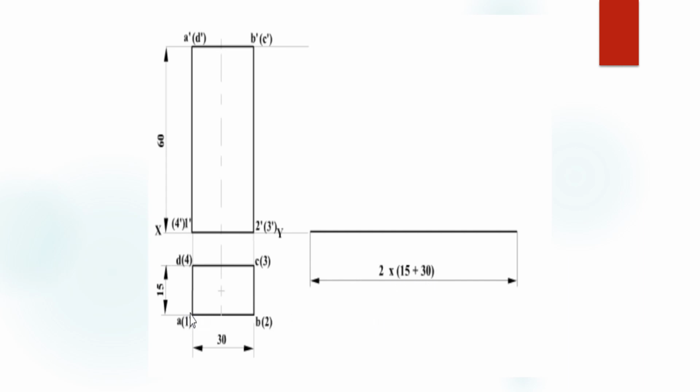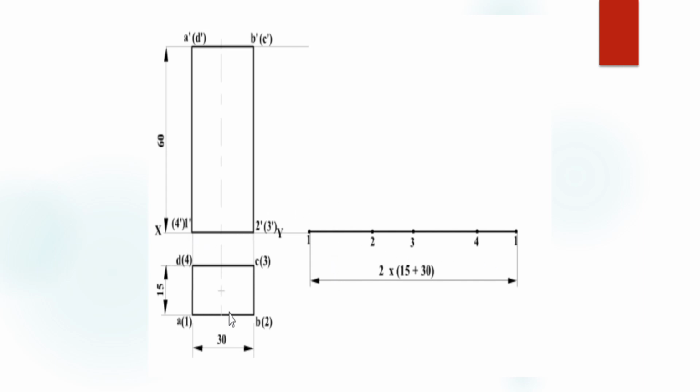So here starting from A to B 30, B to C 15, and again C to D 30 and again D to A 15. So that's why 2 times 15 repeated and 2 times 30 repeated. So altogether 2 into 45, 90 mm. Okay, and next one is divide this line 90 mm into 4 equal parts. Why?